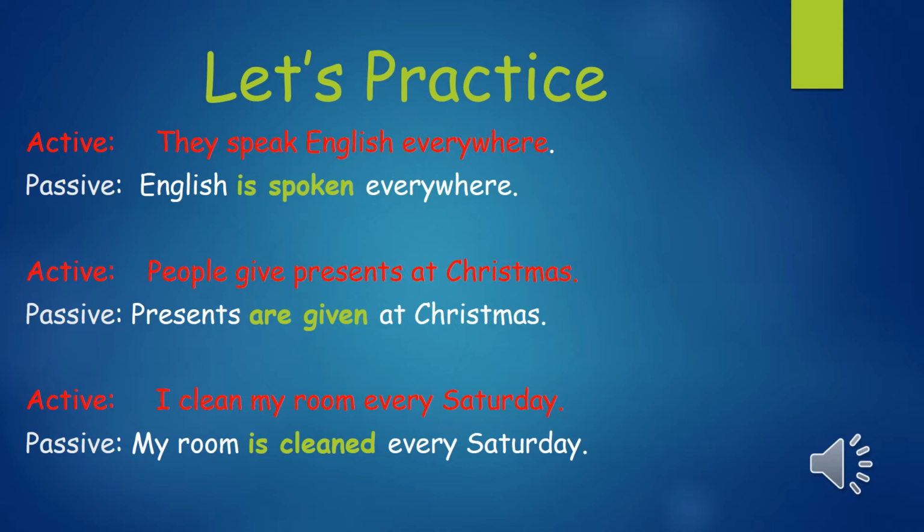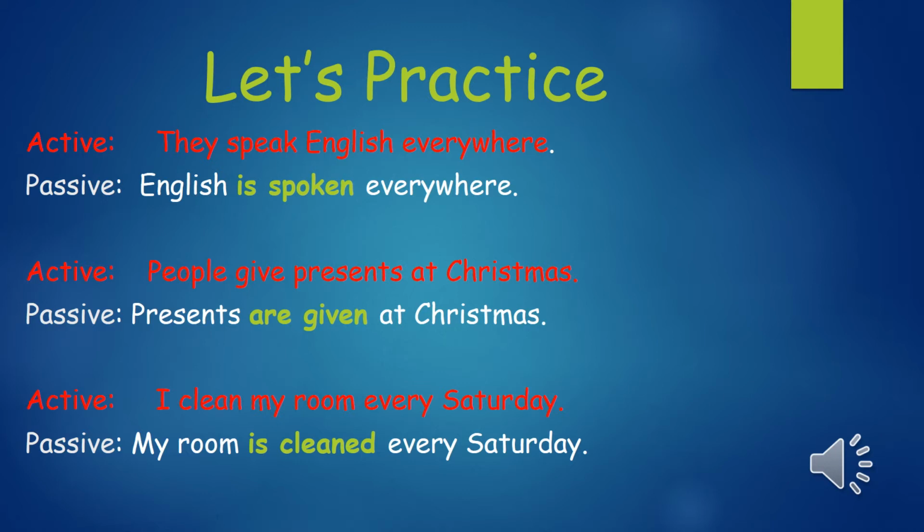So, as we said before, when we change the active sentence into a passive sentence in the present tense, we have to make sure that verb to be is matching the subject of the sentence, which means that at the first sentence, they speak English everywhere.